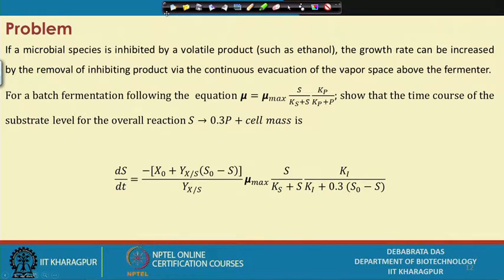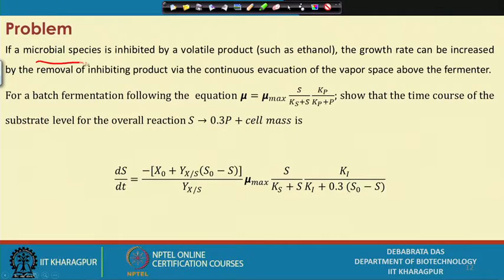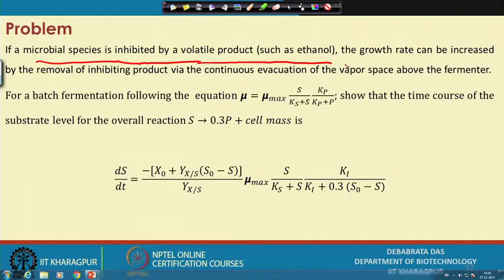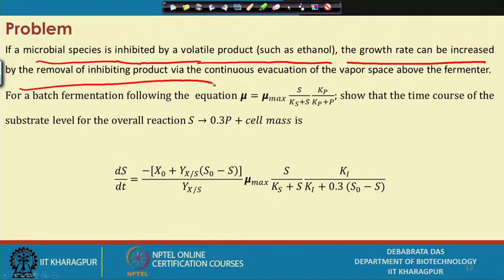Now, this particular problem deals with product inhibition, and we shall have to develop an equation out of that. Let us see how we can do that. A microbial species is inhibited by volatile products such as ethanol. We know that at high ethanol concentration, the growth rate of the organism will be inhibited. Growth rate can be increased by removal of the inhibiting product via continuous evacuation of the vapor space above the fermenter.